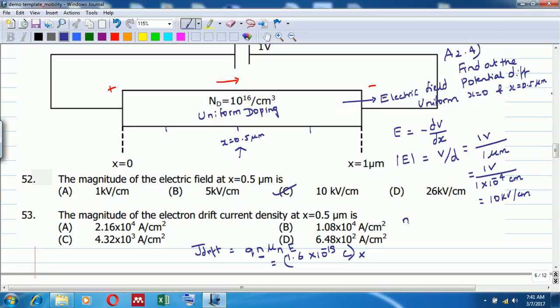So in this case, N will be approximately equal to Nd, assuming that all donors are ionized and they are contributing for conduction. So N will be approximately equal to Nd. You can neglect the term because of the thermal generation here, because it will be much less compared to Nd. So N in this case will be 10 power 16 per centimeter cube.